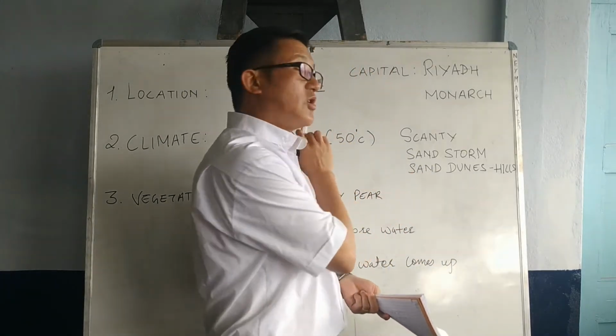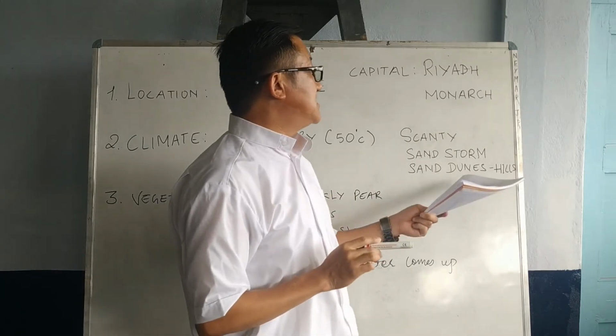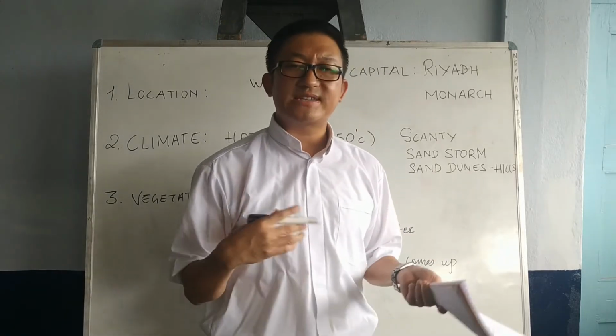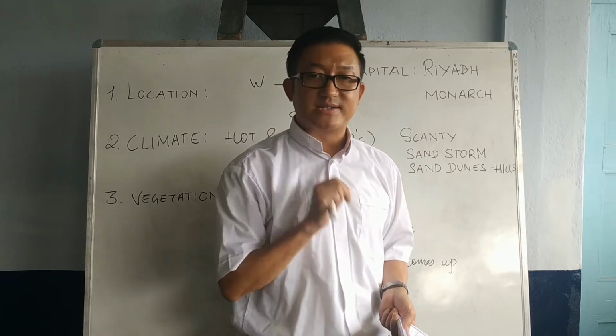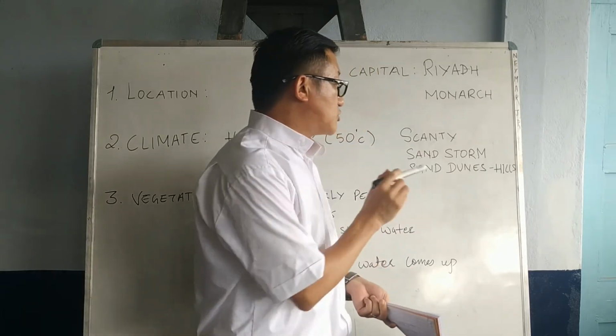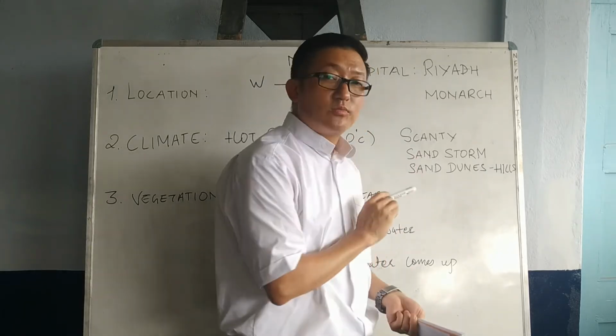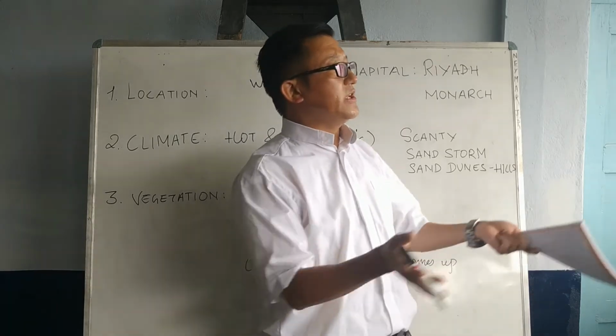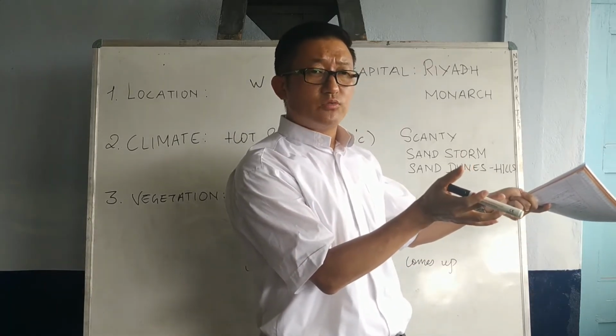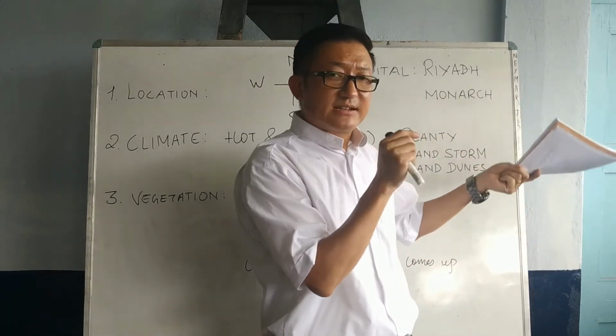Then another word I have written here is sand dunes. What is sand dunes? Wait, I'll explain. I told you sandstorm is strong wind, very strong wind with a lot of sand in it.